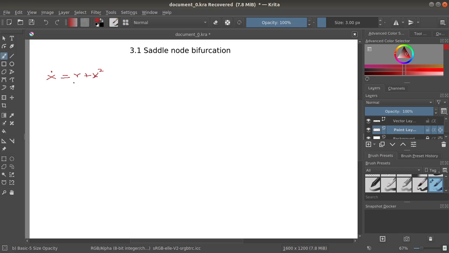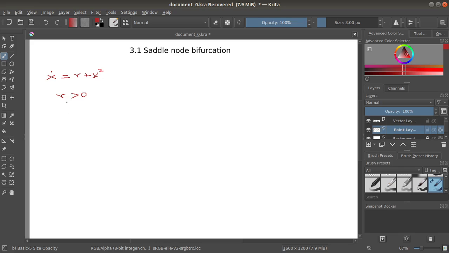Fine. So now let's see what happens if r is greater than 0. Okay, if r is greater than 0, then what are its fixed points?